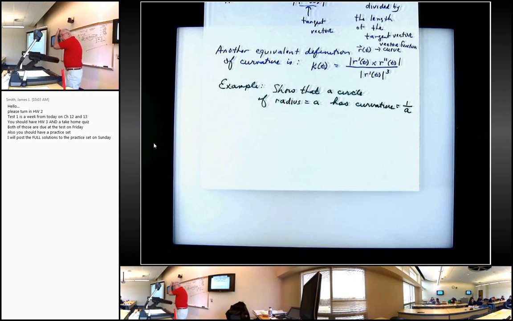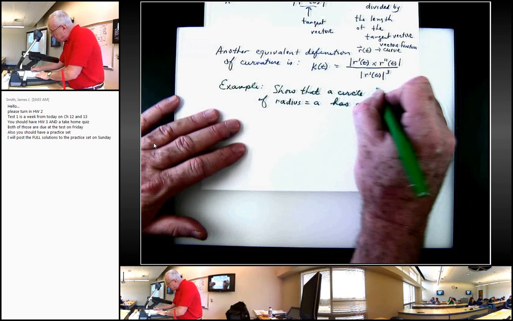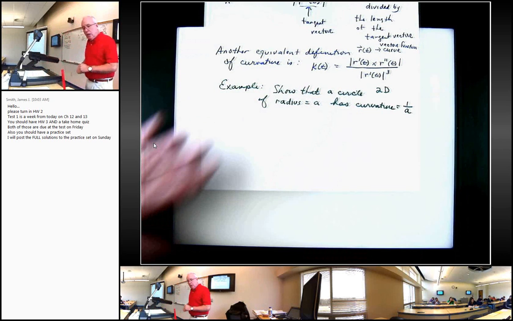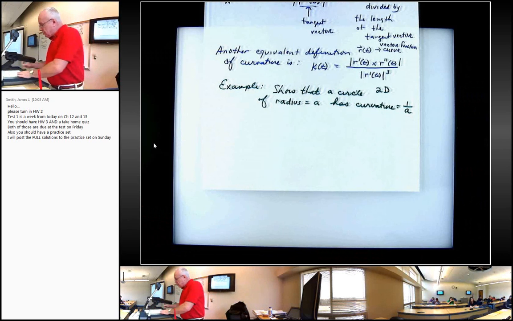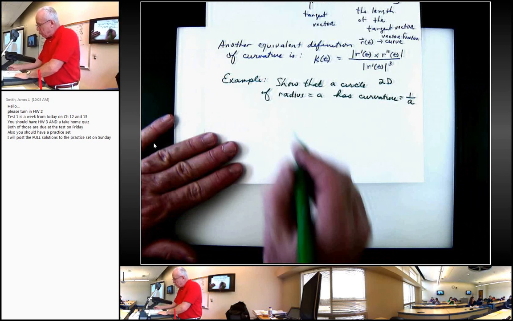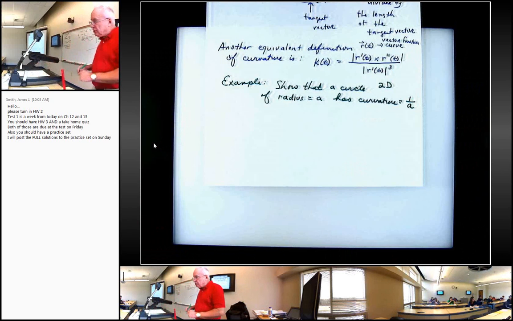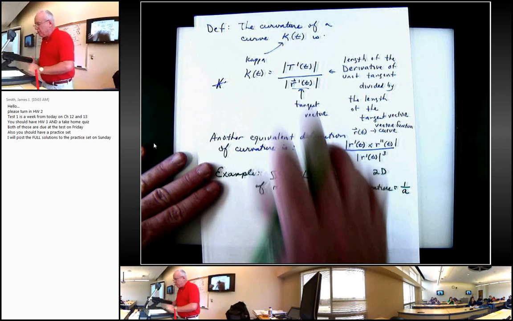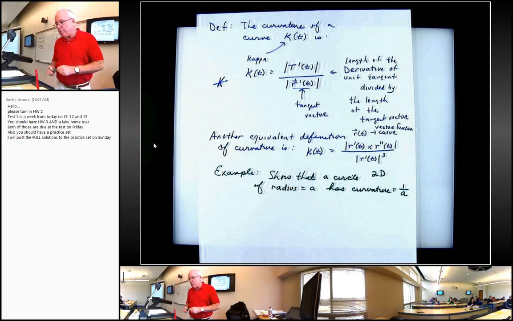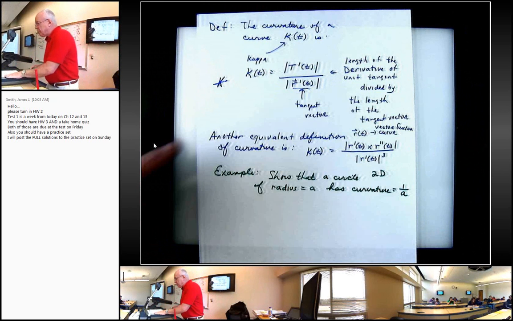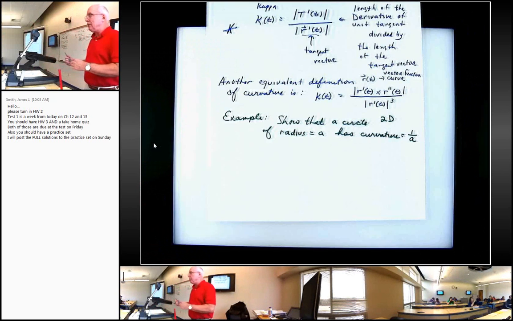Here we're only talking about two dimensions. So let's try to figure this out now. We're going to be using the top formula for this. The top formula in this case is a little bit faster than the bottom formula.